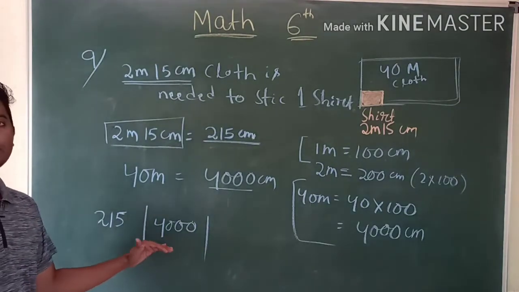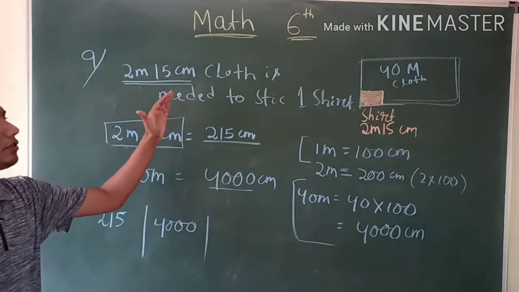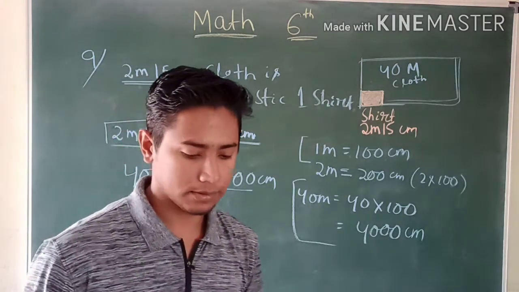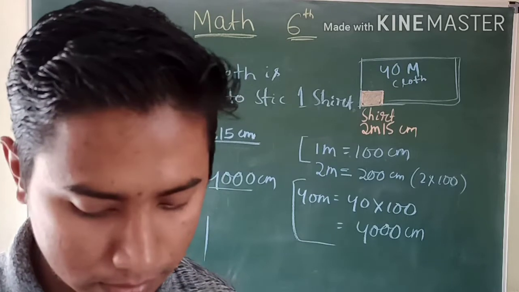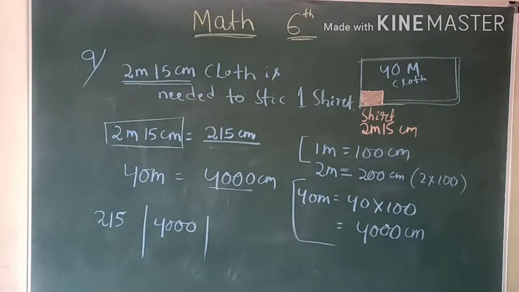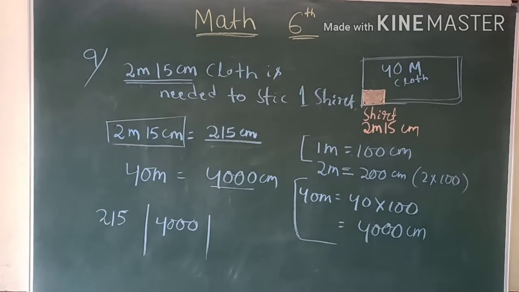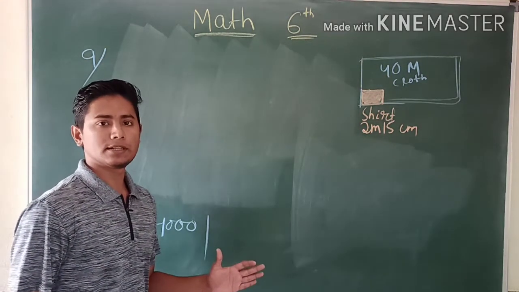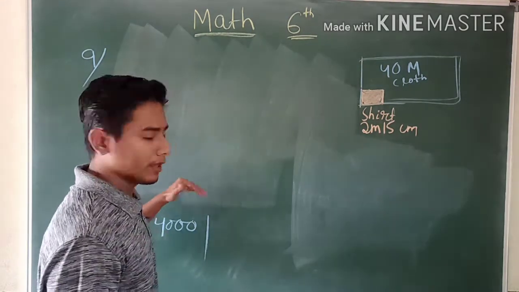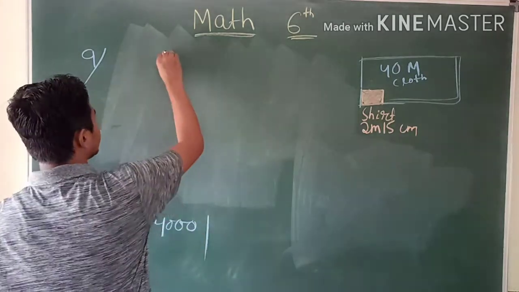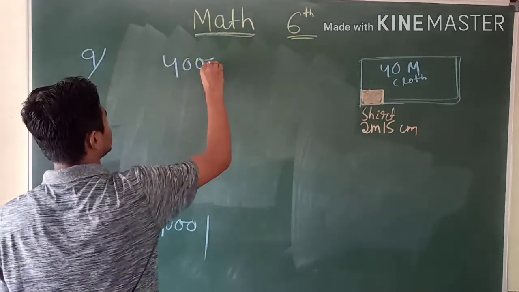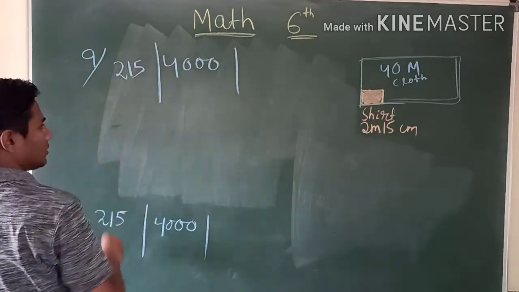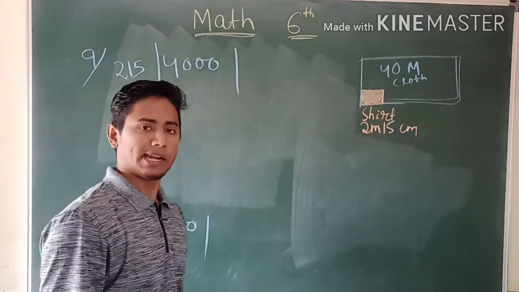To do this division properly, now I am going to erase this. If you don't know division also, you can solve it. So I write 4000 divided by 215.